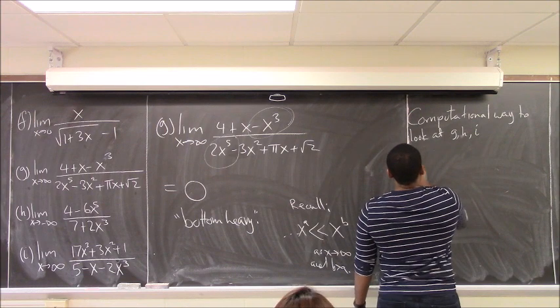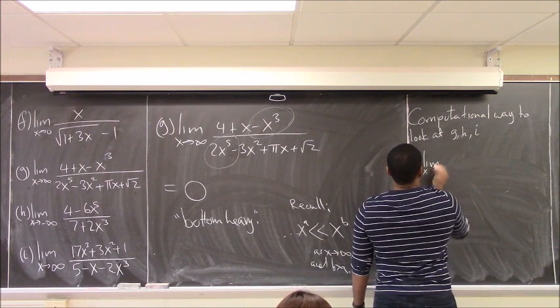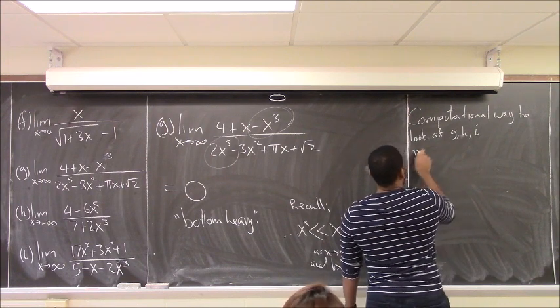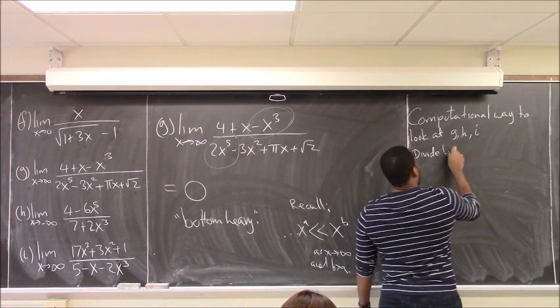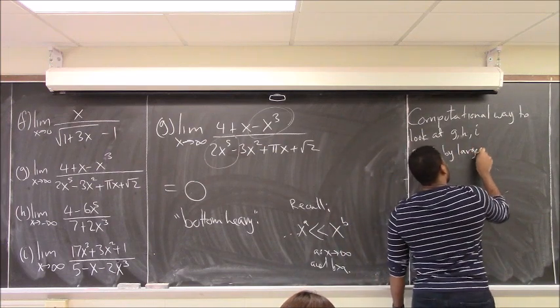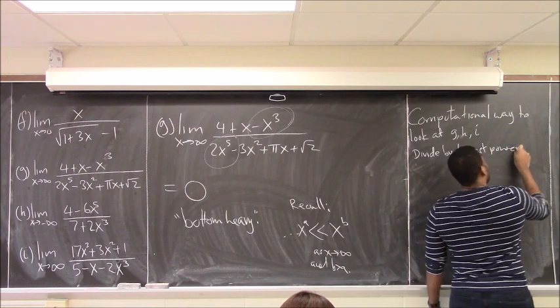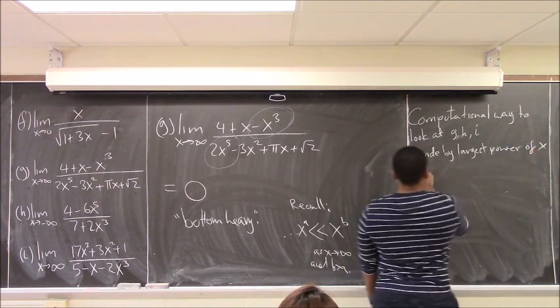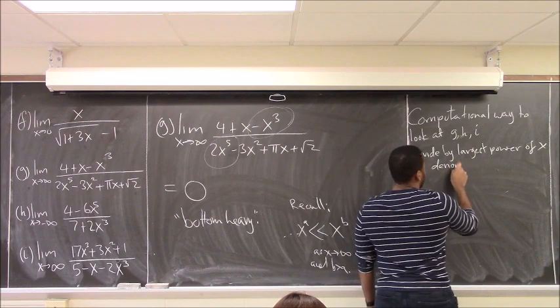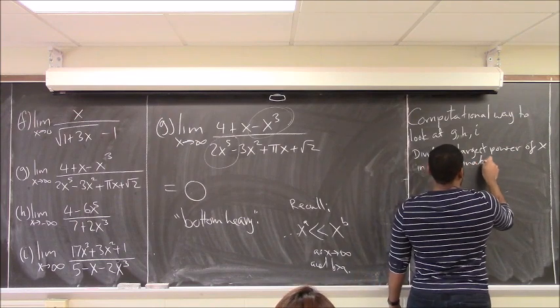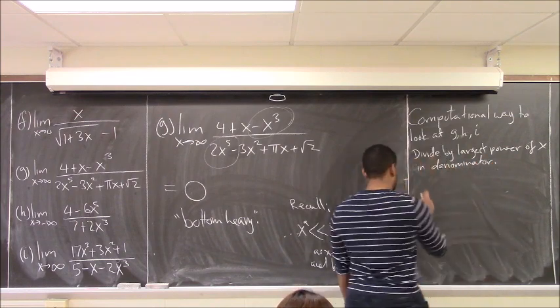The trick for these is to divide by the largest power of x in the denominator, always the denominator. Find the biggest guy in the denominator and divide everyone by that power of x.